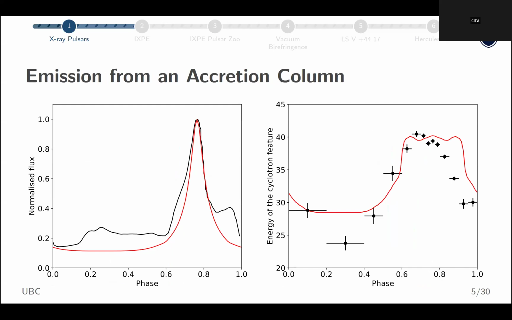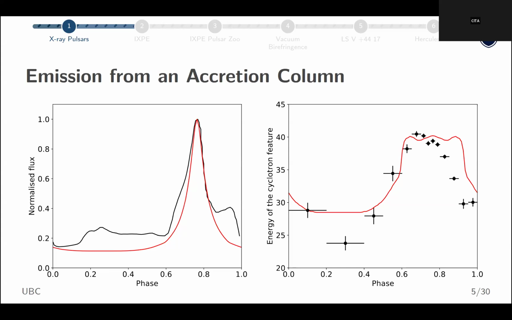So Ilaria and I developed some models. This is Hercules X-1, and basically this is the pulse profile of Hercules X-1 during a particular, we'll get into Hercules X-1. It does all sorts of weird and wonderful things, but this is during a certain part of its cycle where it's the brightest, right? So this idea of an accretion column can make a really nice, strong, sharp pulse, which is what we were focusing on.